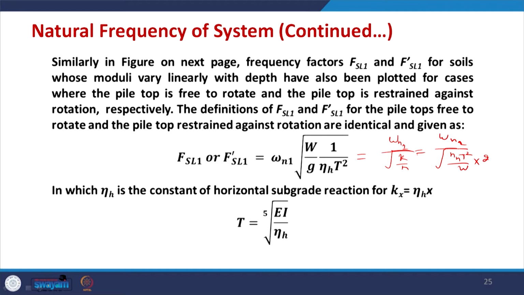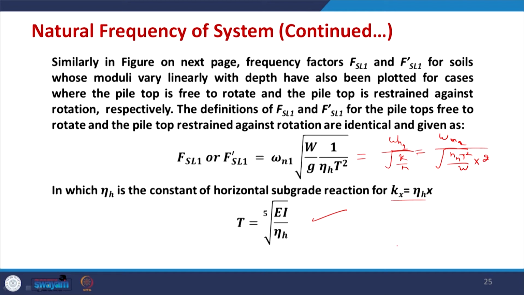So, using this relation you can work out and simplify this. T in this case is given by EI over eta h. So, T is given from this relation here, okay, and T is called relative stiffness factor. Here eta h is the constant of horizontal subgrade reaction, which we have already discussed in the earlier lectures.